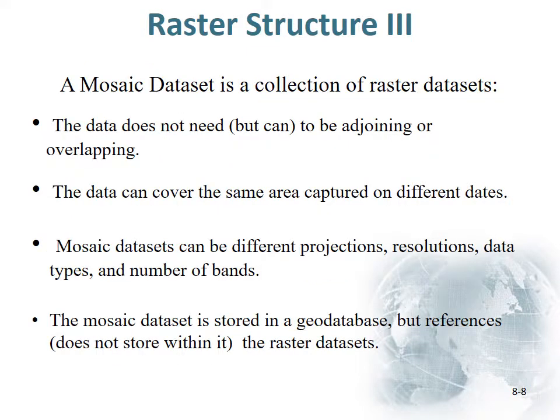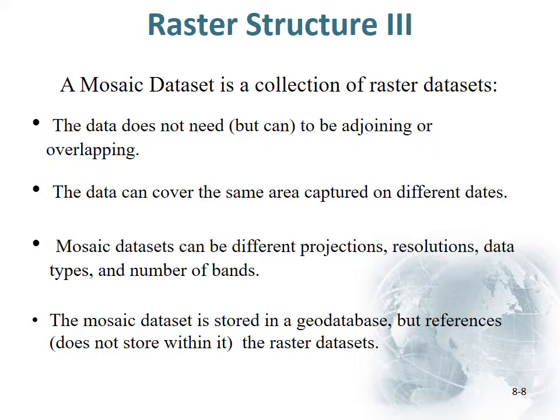The great example of using a geodatabase to manage individual standalone rasters is the Mosaic data set. So a Mosaic is a raster data set that's comprised of data that does not need to be adjacent. So it does not need to be a continuous surface.